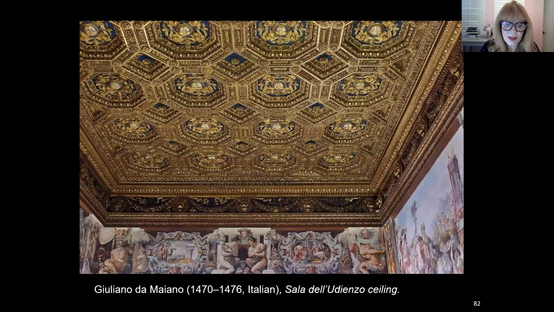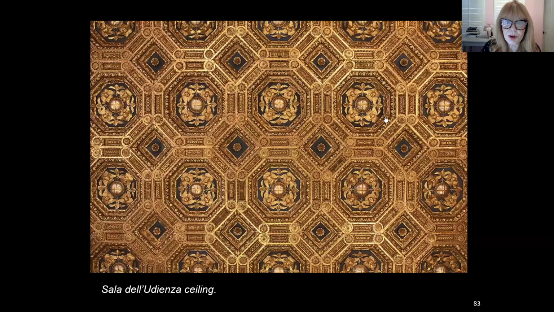Here's a close-up of that Hall of Justice ceiling with lots of gold leaf on it and various coats of arms. And here we are looking straight up at that ceiling. And then notice also the angels. This is a very religious time in the Renaissance.